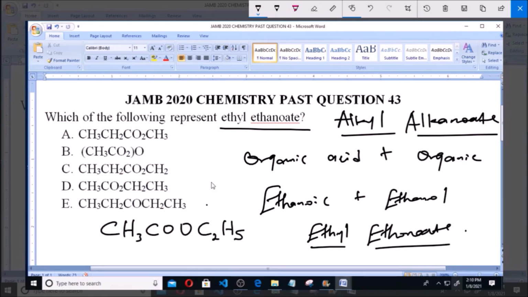This is the formula for ethyl ethanoate, and from the options you can see that option D corresponds with this, having CH3CO2, that is 2 oxygens, then CH2, then CH3, splitting the ethyl group. So this is the ethyl group and this is the ethanoate group, giving us ethyl ethanoate. So option D is the correct answer to this question.